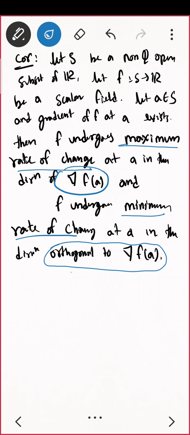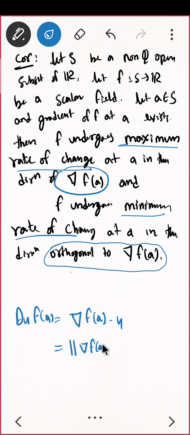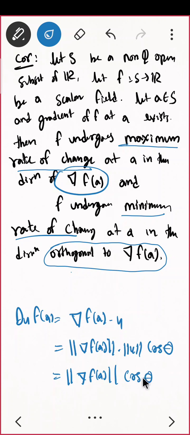And that is easy to see, because what is your directional derivative, D_u f of a, that is equal to del f of a dot u. If you solve the dot product, you get norm of del f of a into norm u into cos theta. Norm u is 1, so this is norm of del f of a into cos theta. Cos theta is the angle between del f of a and u, correct.